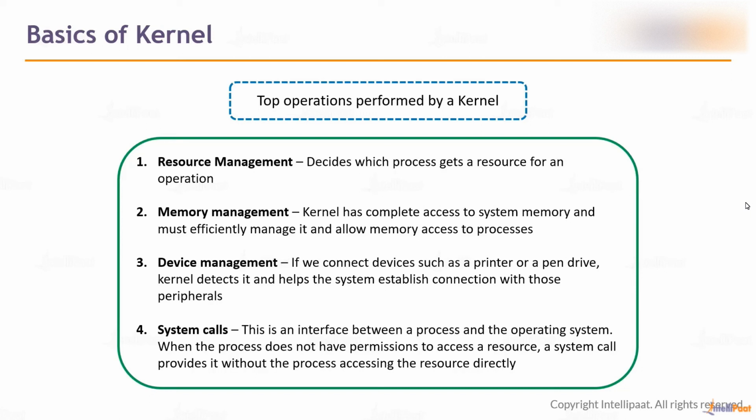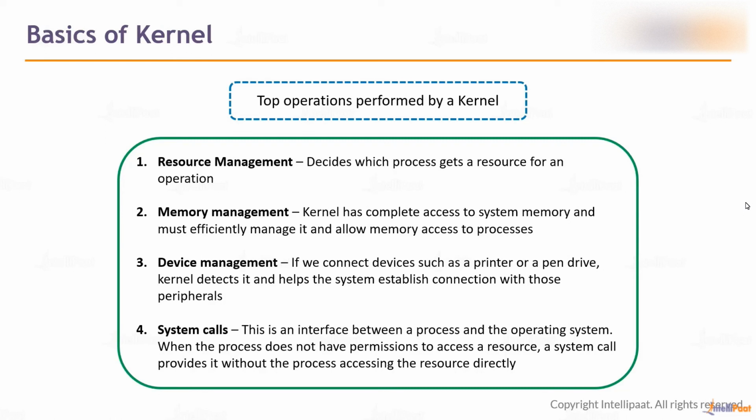And finally, system calls. System calls are one of the important concepts, and they are an interface between a process and the operating system. When the process does not have permissions to access a resource, a system call provides it without the process accessing the resource directly. So let's say you're running a process, but you've not given the process enough permissions to use a particular resource.